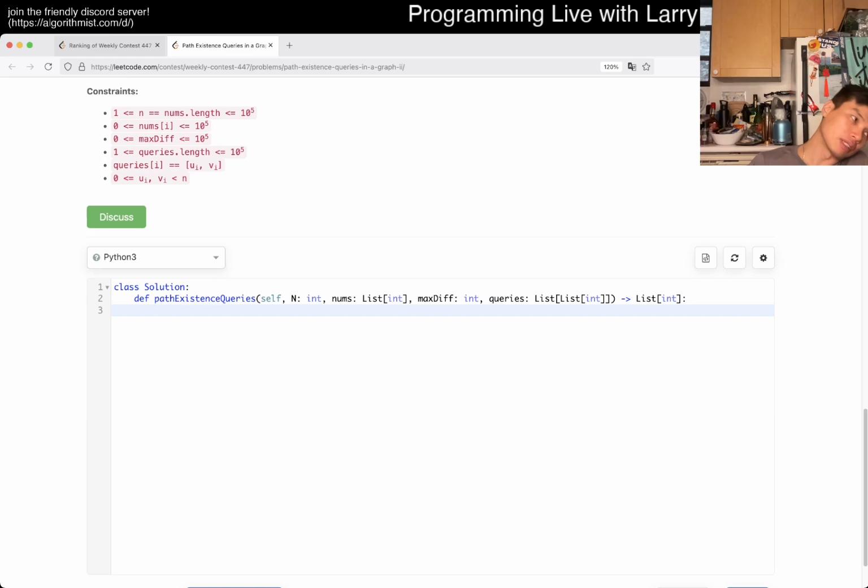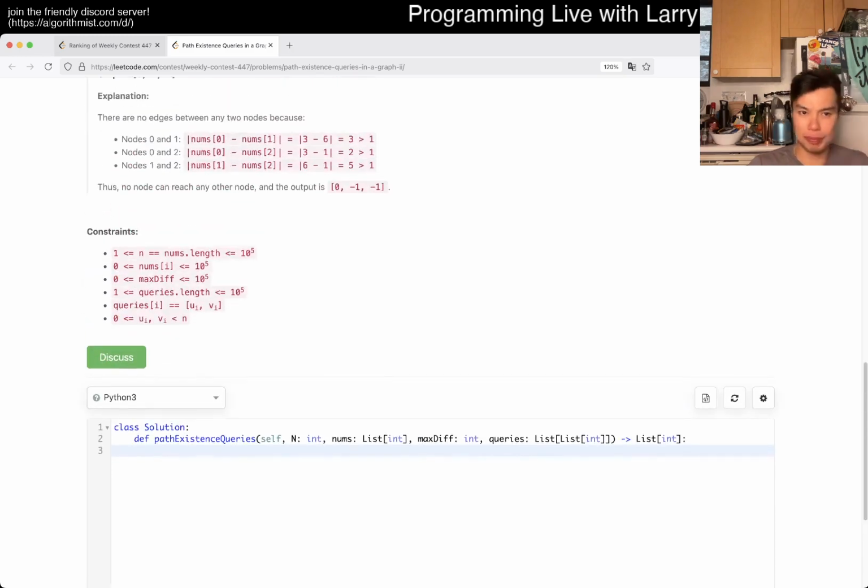That doesn't make sense necessarily. Maybe I could take advantage of this. 10 to the 5th. Maybe that could be interesting.